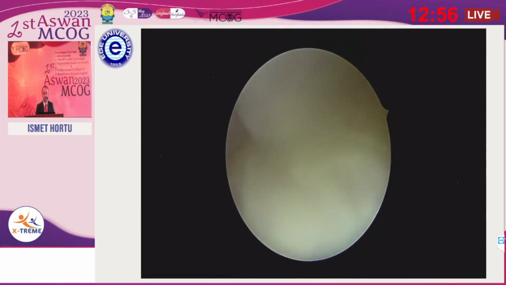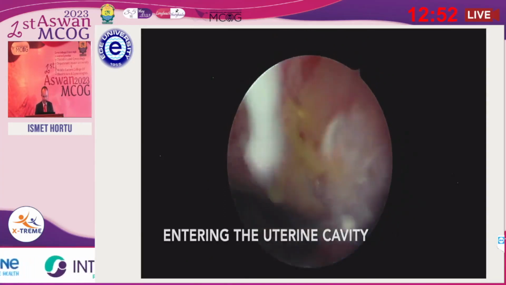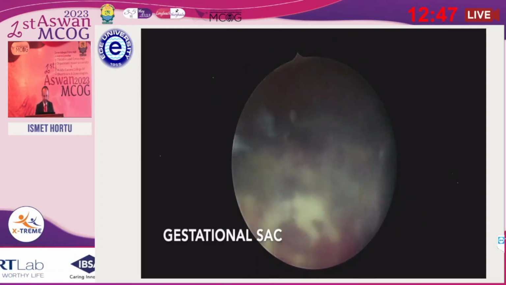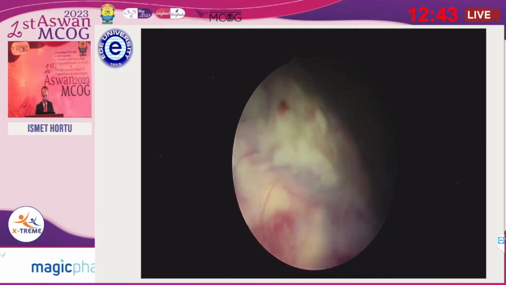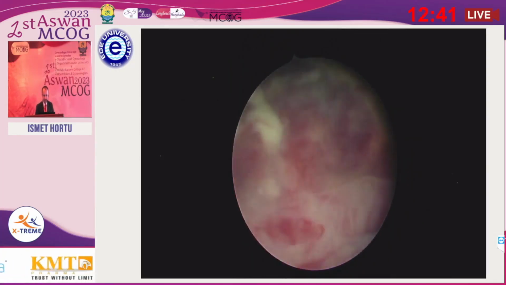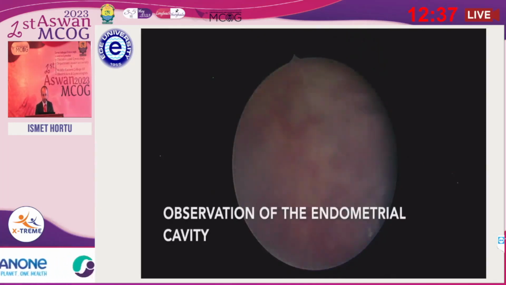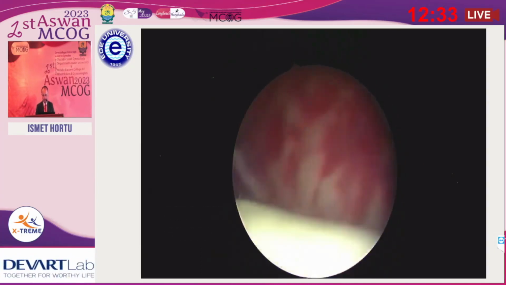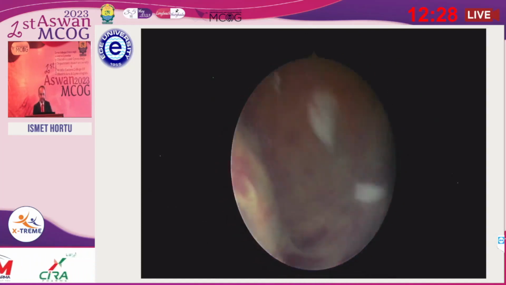As you know, gynecologists are very familiar with hysteroscopy. We do an office hysteroscopy of the entire uterine cavity using saline infusion, and we see the gestational sac. We are now in the chorioembryonic cavity. We are observing the endometrial cavity where the gestational sac is located, and any additional abnormalities in the cavity.